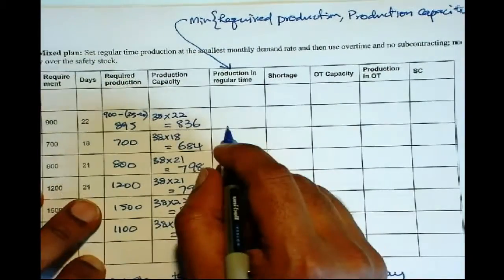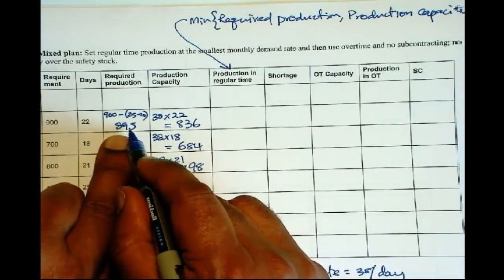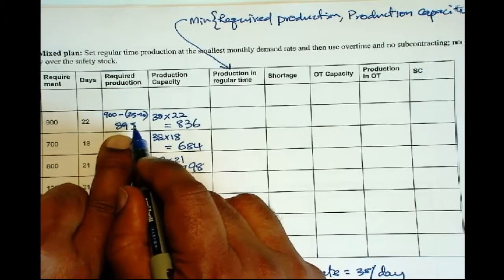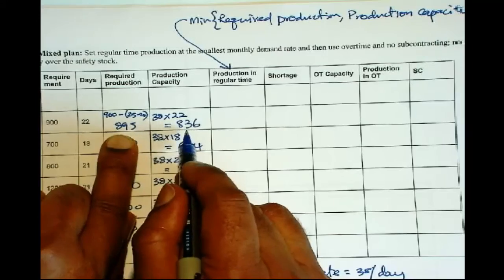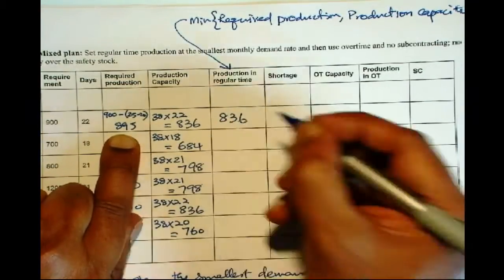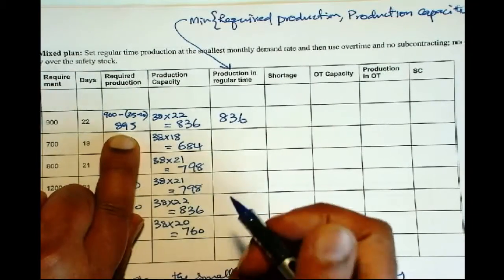So you have a need to produce 895, but you can only produce 836. That's the capacity. So 836 is what you can produce.